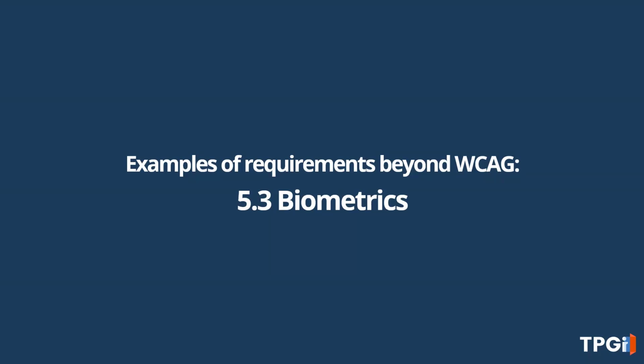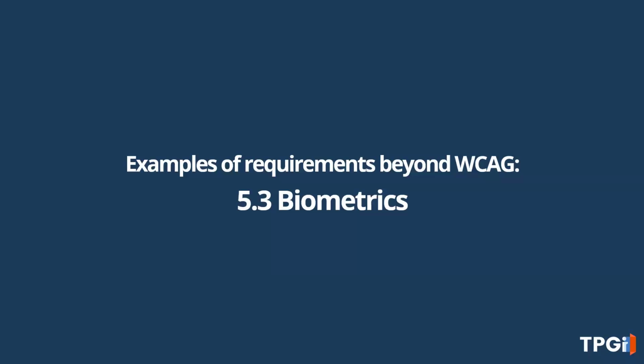That's how it goes beyond WCAG. Well, WCAG 2.1 doesn't address authentication methods. WCAG 2.2 introduced accessible authentication, which focuses on reducing cognitive load for password entry. And biometrics is mentioned there as one possible alternative to cognitive tests.